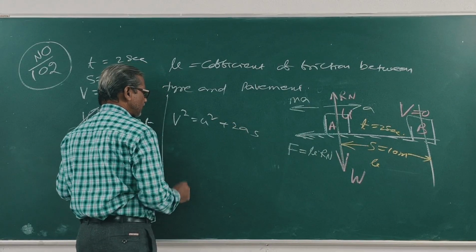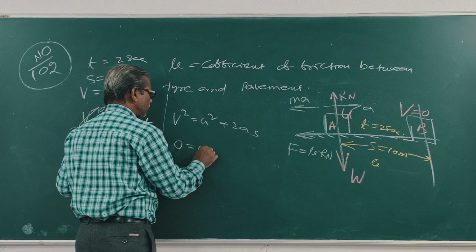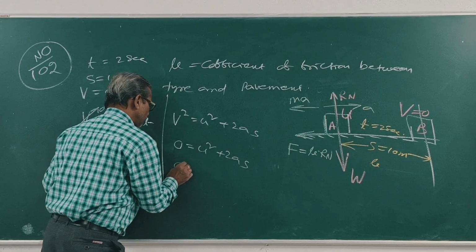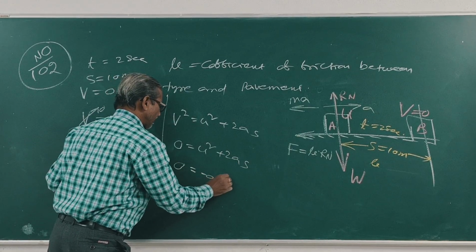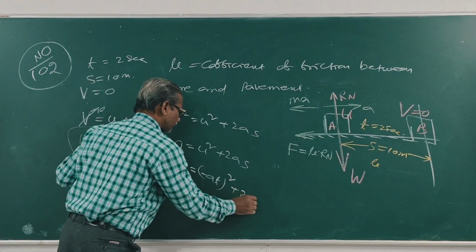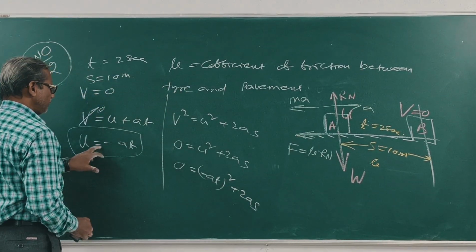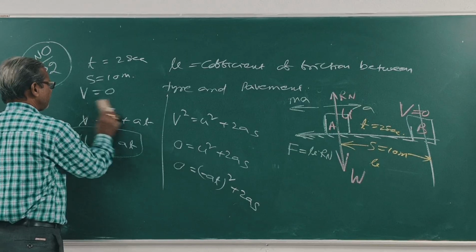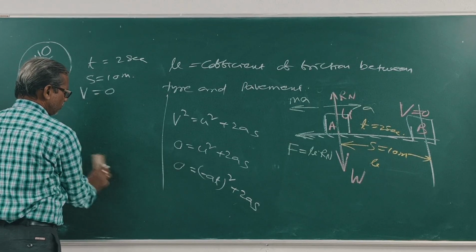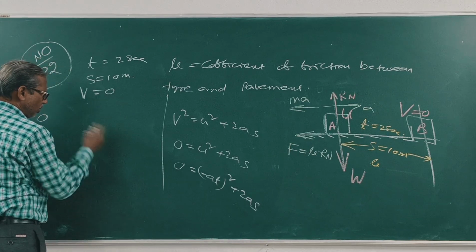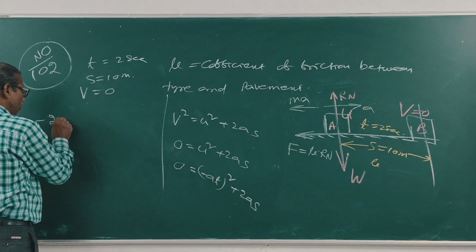So 0 is equal to U square plus 2as. So 0 is equal to minus at whole square plus 2as. U means minus at. Clear? So minus 2as is equal to a square t square.